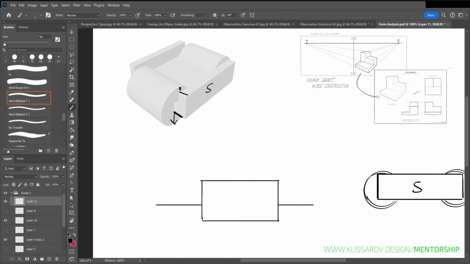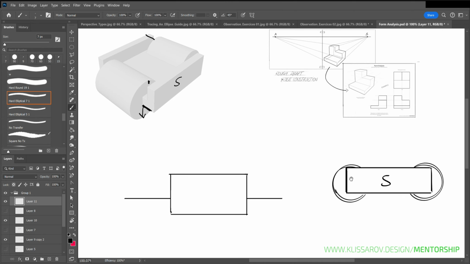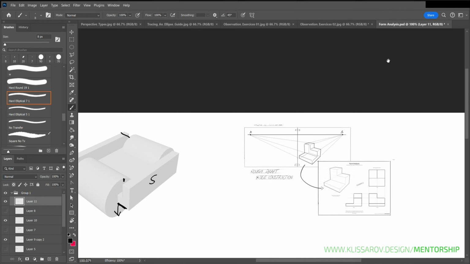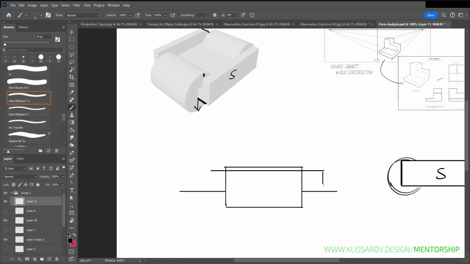Do you feel that from this image the cylinders are sticking out a little bit? I would say yes, because if you look at it here and here, they are sticking out a little bit, and this is how I perceive it from that view. This means that the overall squashed cube shape should go up until here.